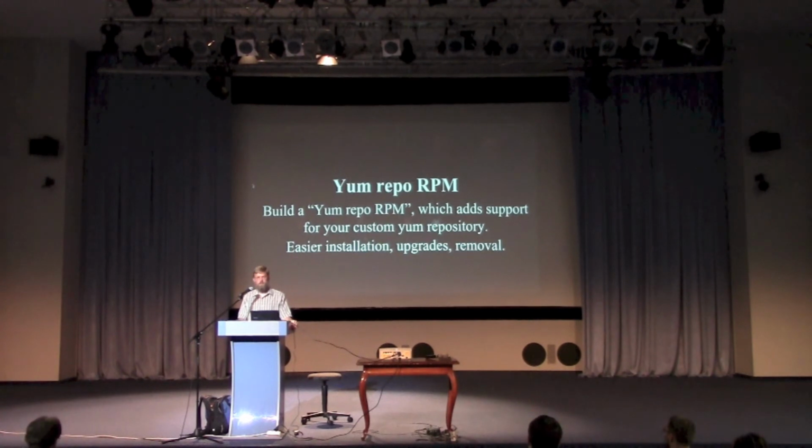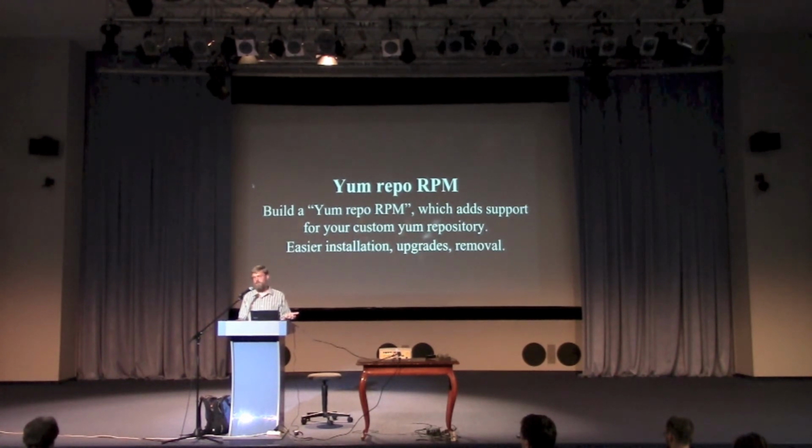A few Yum repositories out there have a practice that I like. They actually create an RPM for supporting their Yum repository, and this RPM will install that yum.repos.d configuration file. It will also load up the GPG signing key so that you're all ready to go.